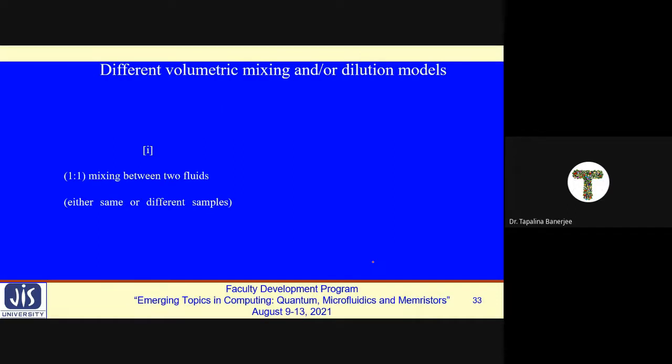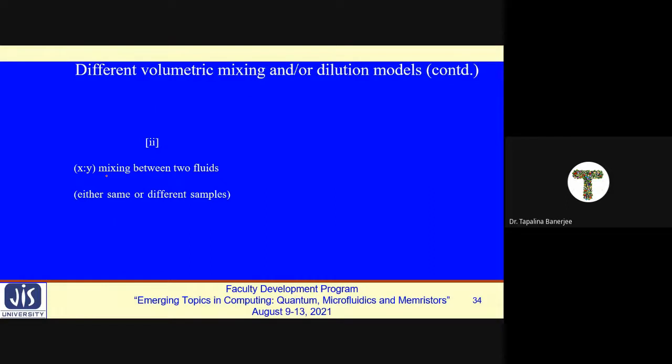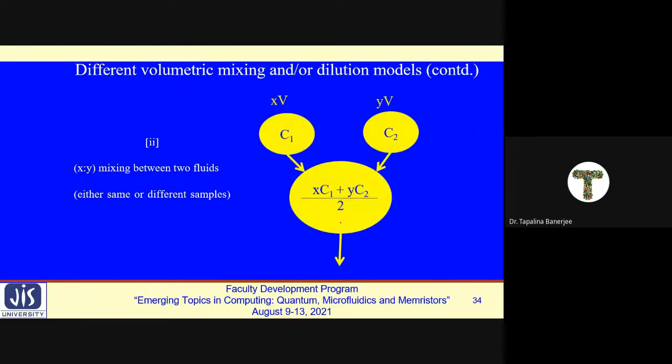Now, let us consider a few different volumetric mixing or dilution models. This one we have already learned. This 1:1 mixing between two fluids, either the same or different samples, can generate the resultant fluid with this concentration. But if we consider X:Y mixing between two fluids, either the same or different samples, then the resultant concentration has to be calculated in this way: (X C1 plus Y C2) by (X plus Y).